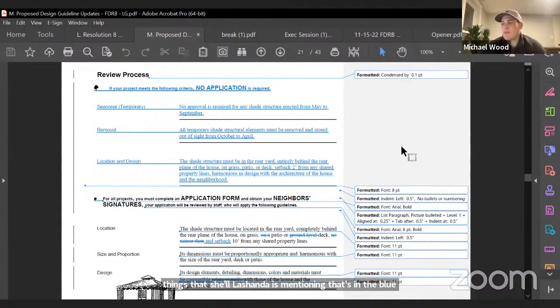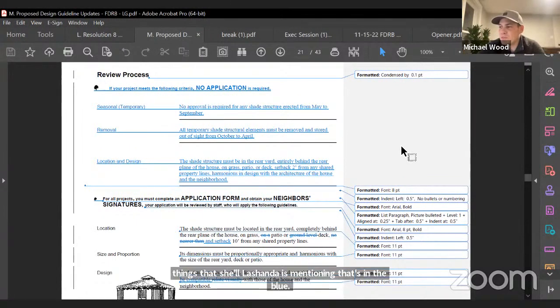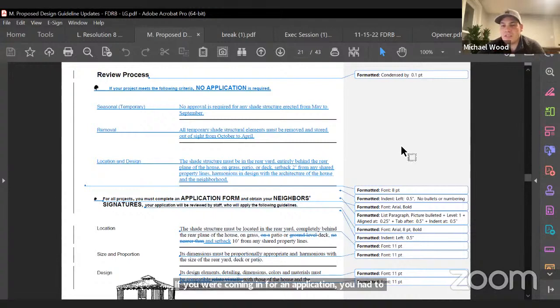Right. So I guess my point is these shade structures were assumed to be, if you were coming in for an application, you had to submit an application to put up any of these shade structures. But what we're now allowing is potential for temporary structures. I just think it's opening a can of worms that we don't need to open. Why even offer to people to put up a seasonal temporary?